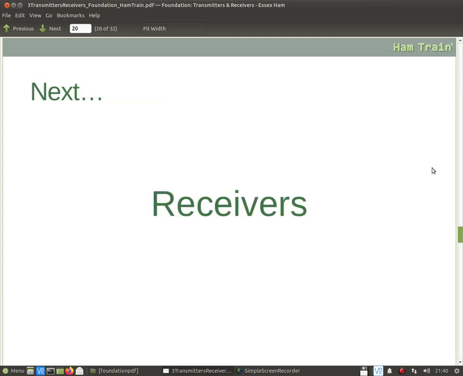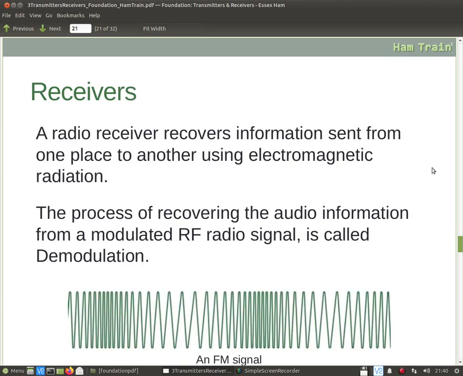Next, we're going to discuss receivers. A radio receiver recovers information sent from one place to another using electromagnetic radiation. The process of recovering the audio information from a modulated RF signal is called demodulation.